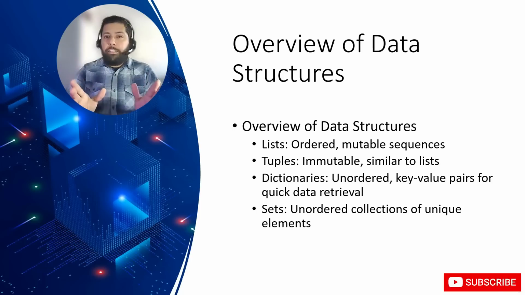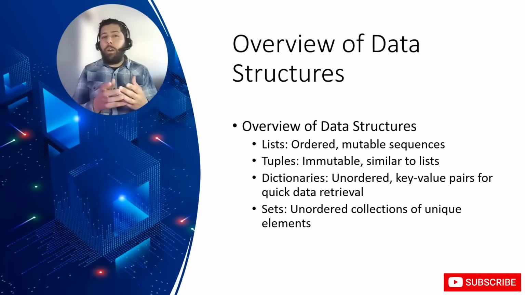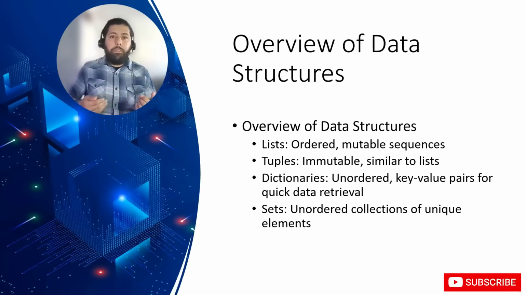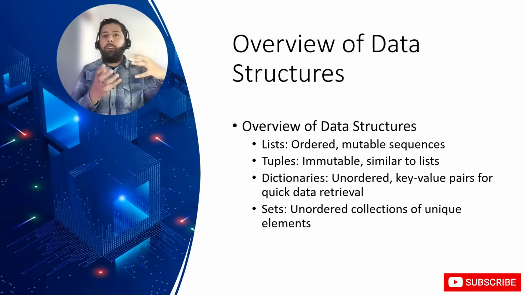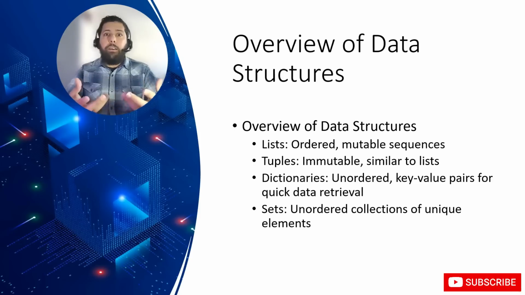So just a brief overview of data structures. When we talk about lists versus tuples, we'll talk about those two first, just as an overview. A list basically is like an ordered, organized set of data based on mutable sequences. And mutable is just a fancy word for something that is changeable, something that is subject to change.